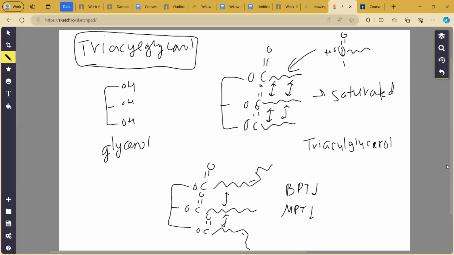You can kind of tell in space, these are like bouncing off of each other. This one points away. So they're not able to have as many dispersion forces. And these are also cis double bonds.